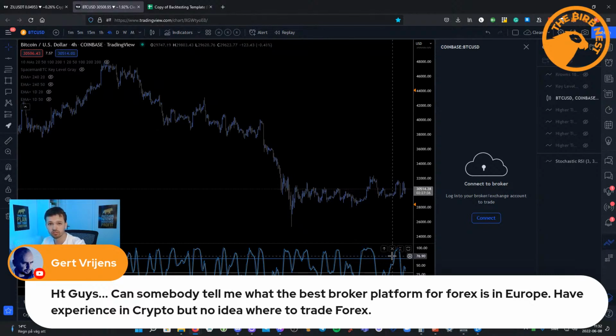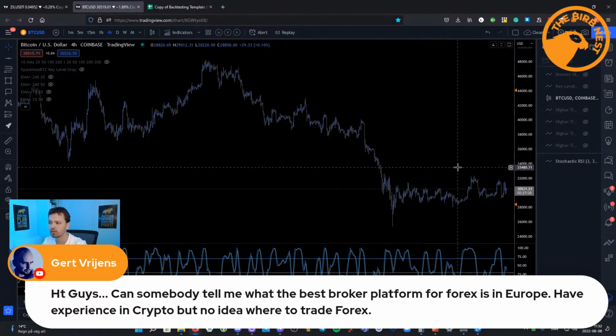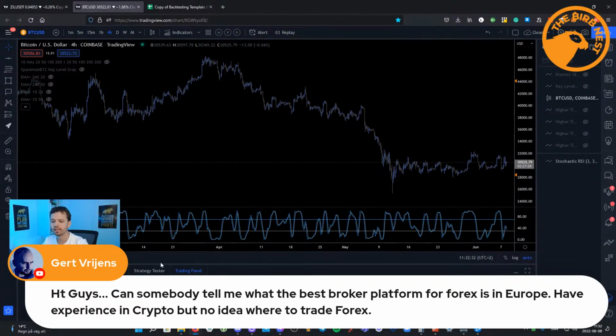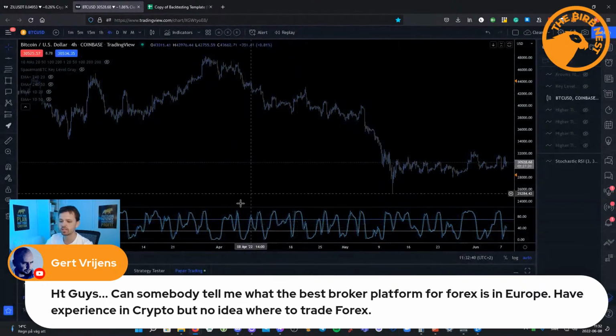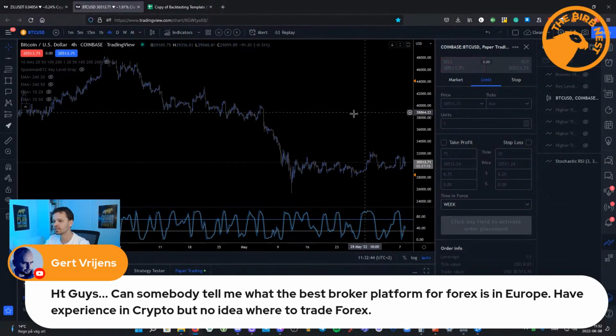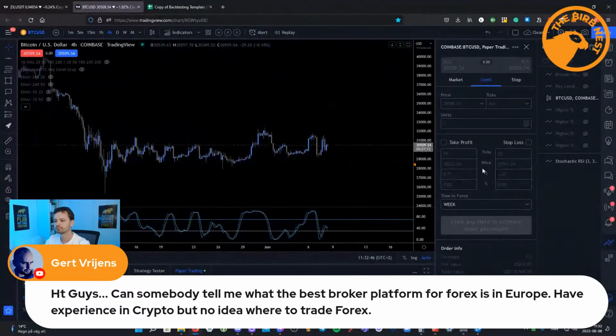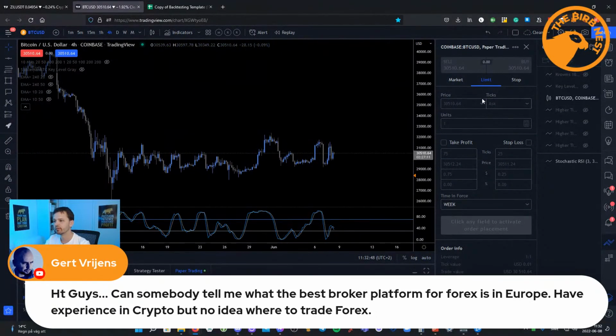You can also do this with FTX, by the way. If you're trading the crypto market and you're on FTX, you can trade everything directly inside TradingView right here, which is just absolutely fantastic. I'll show you guys how that's used. So let's connect to a paper trading account right here, and we have the trading platform right here.